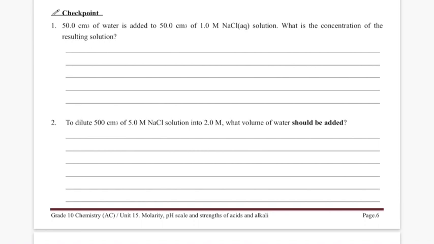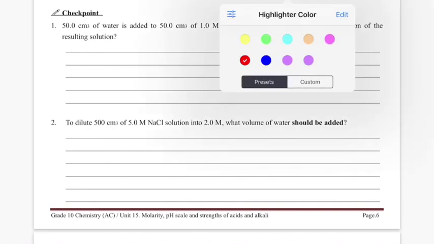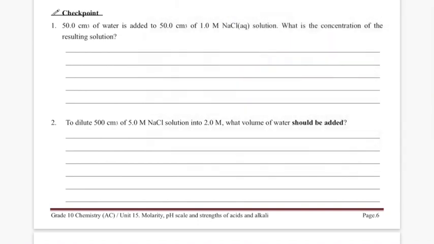Okay, let's take a look at the first example. Remember, always use different colors to help you to distinguish the numbers that are given to you. So first, 50 cm cube of water is added to 50 cm cube of 1 molar sodium chloride solution. What is the concentration of the resulting solution? At the beginning, we have 50 cm cube of 1 molar solution.